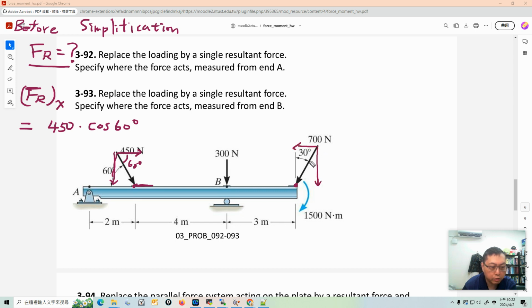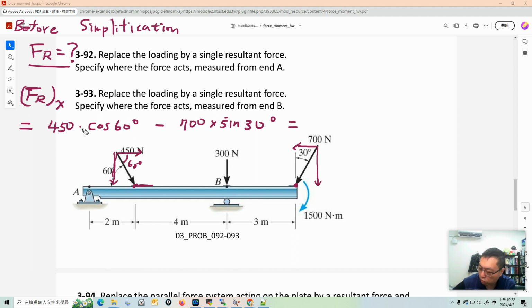This is 30 degrees here, so it's 700 times sine 30 degrees. Because it's pointing to the left, we put a negative sign in front of it. That's all the X component of the resultant force.